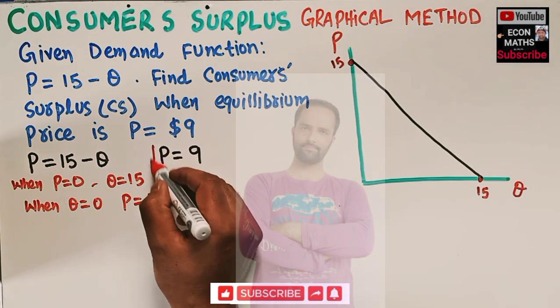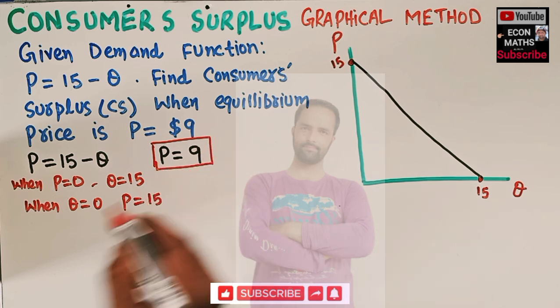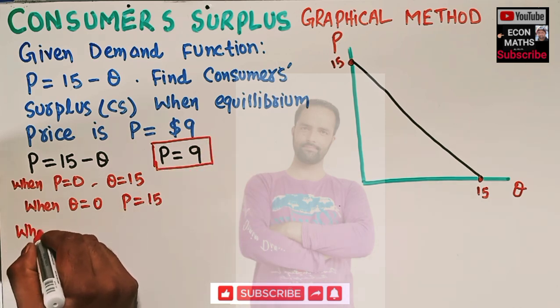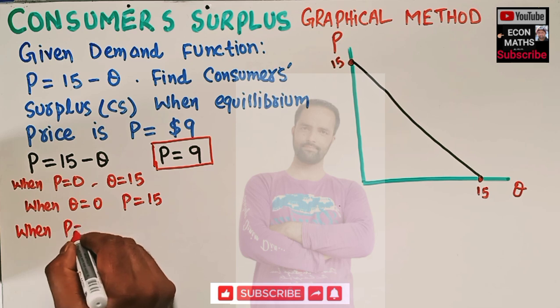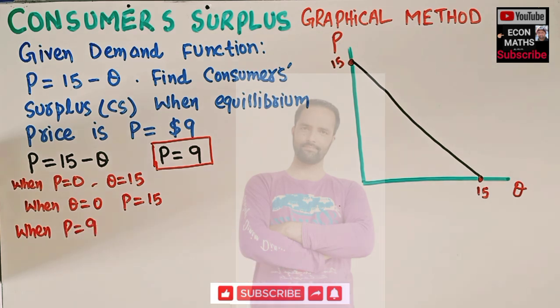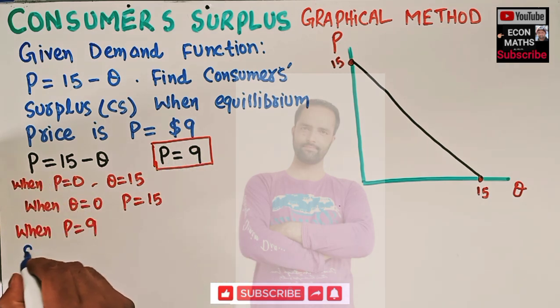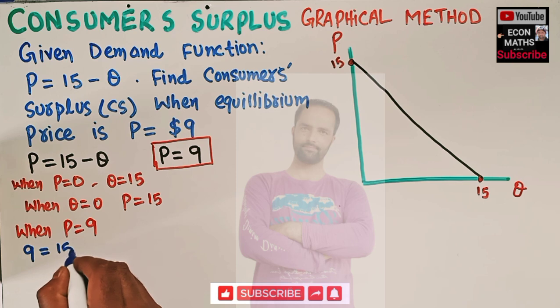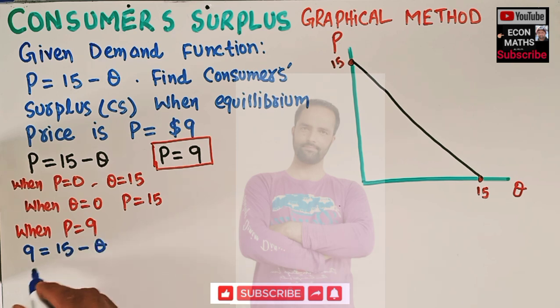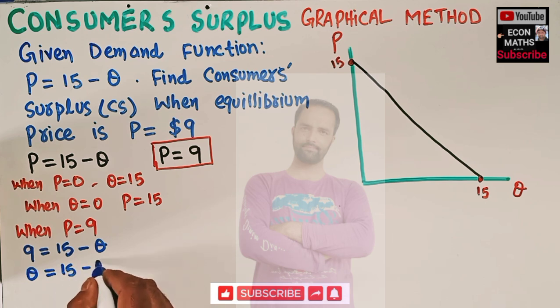Also we are told P is equal to 9. Corresponding to this, what is the quantity demanded? Simply we put P is equal to 9 in this equation. That means 9 is equal to 15 minus Q. Solving for Q, Q is equal to 15 minus 9, which comes out to be 6.